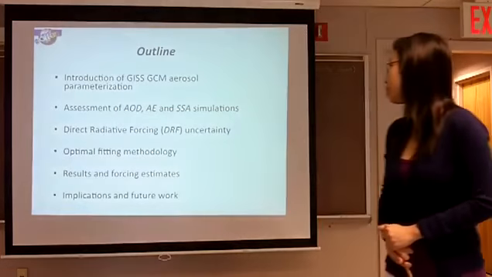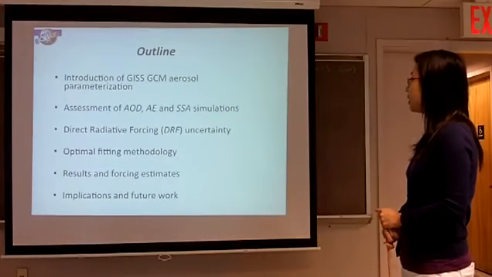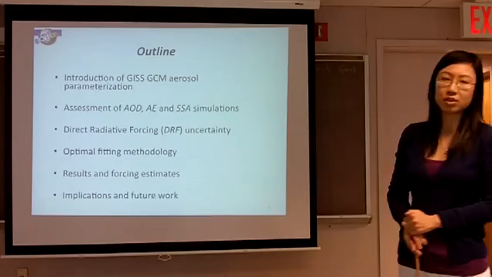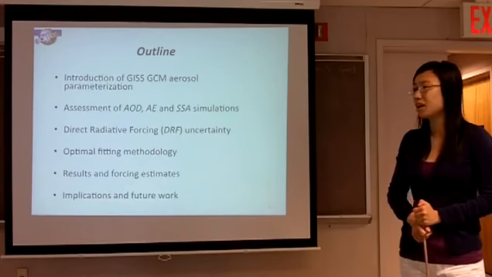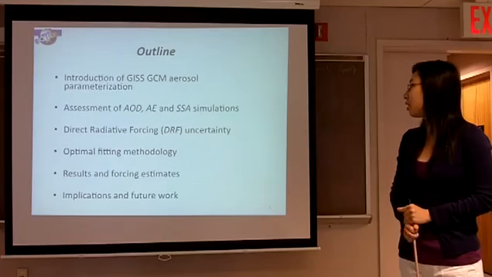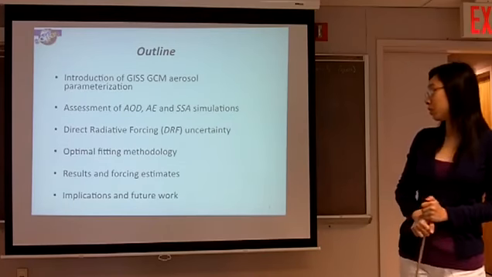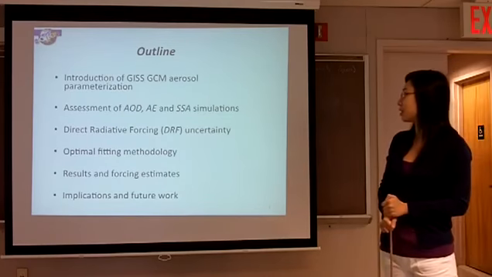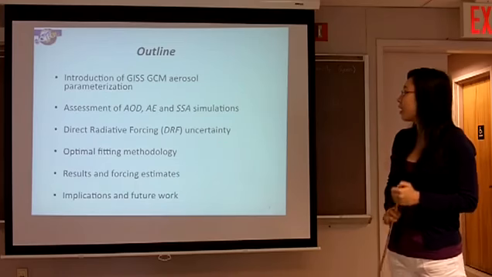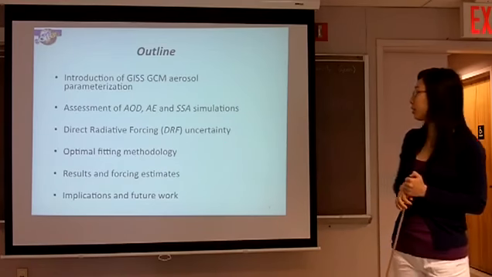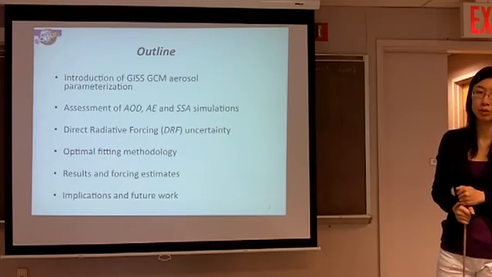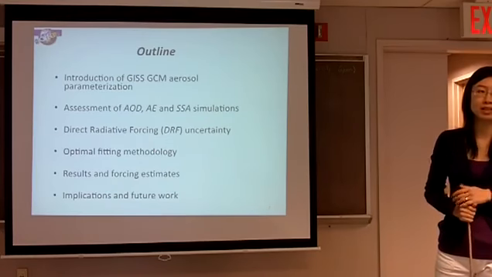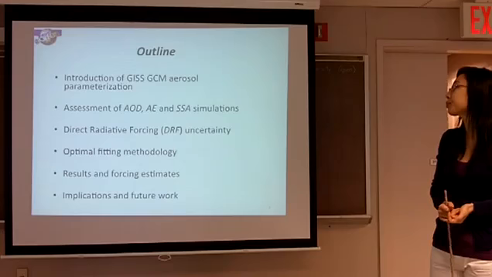So I'll first introduce the GCM aerosol parameterization. That's only the radiation part, because I'm using the radiation model, and the mass densities are from the chemical transport model. Then I will present an assessment of the aerosol optical depth, Angstrom exponent and single scattering albedo simulation by comparing with satellite data and AERONET.